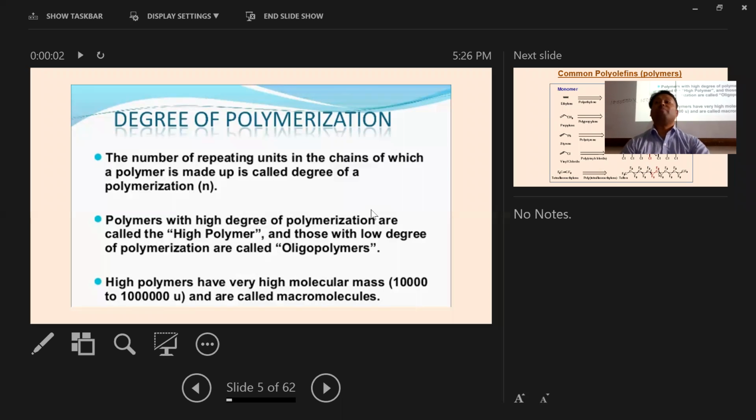Macro, not micro. You are familiar with micro and macro? Yeah. And also maybe you are familiar with the nano size. Most of you have a mobile phone and all of you are using the nano SIM. Actually, this is not the nano size, because nano size you cannot see with your eye.